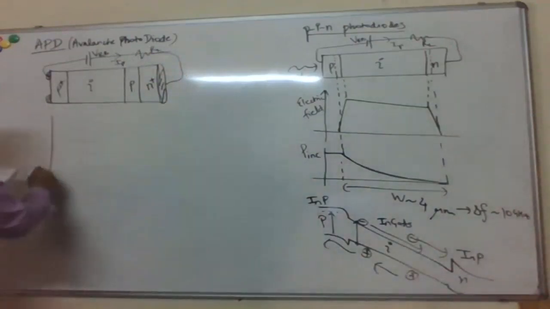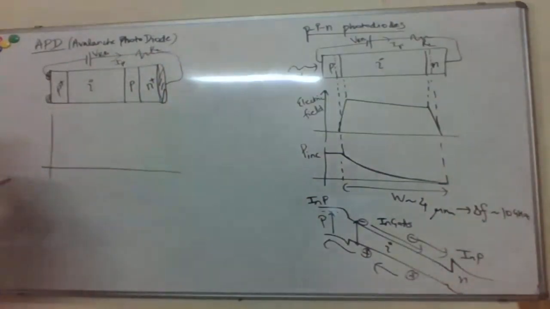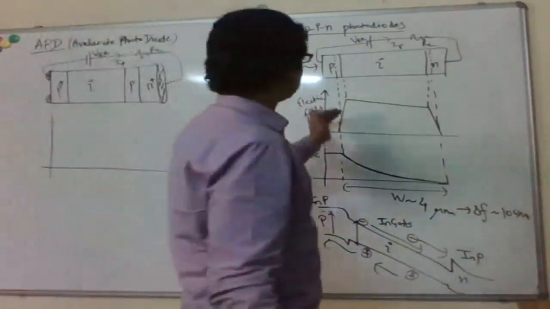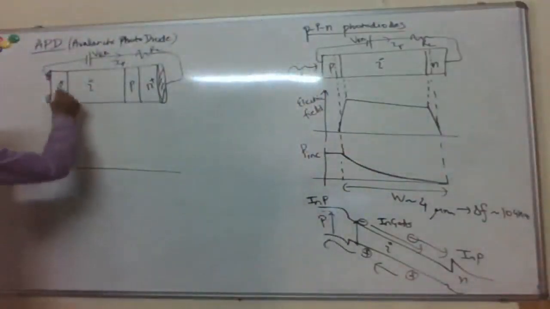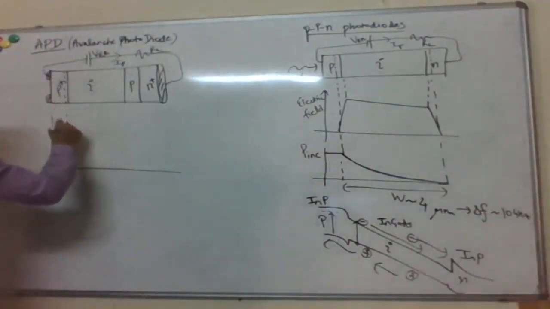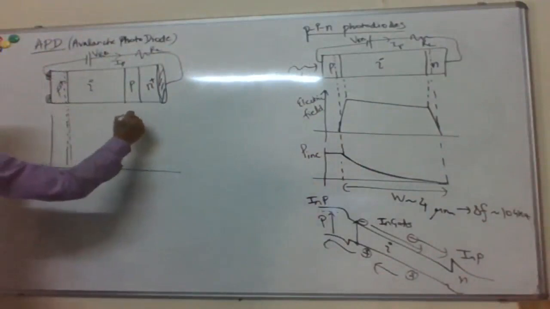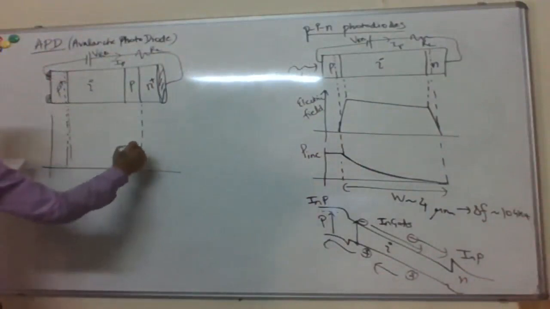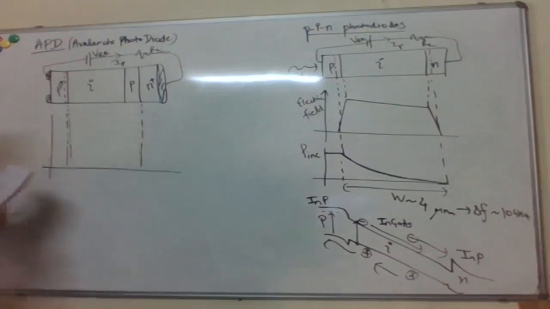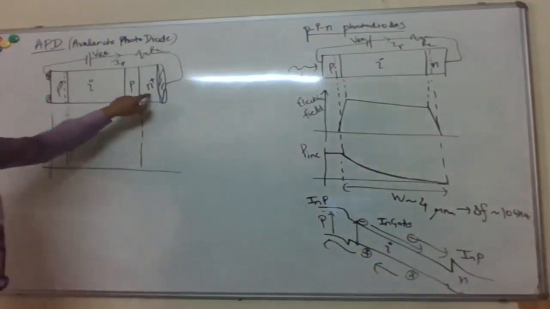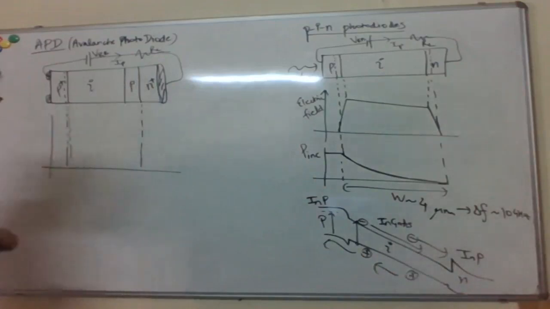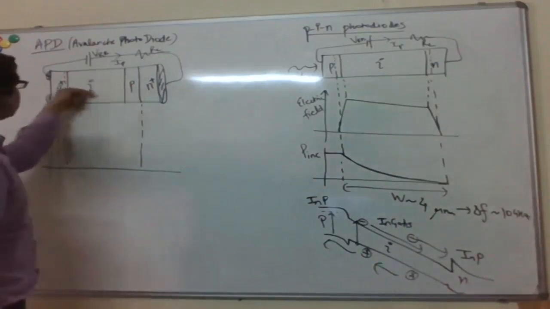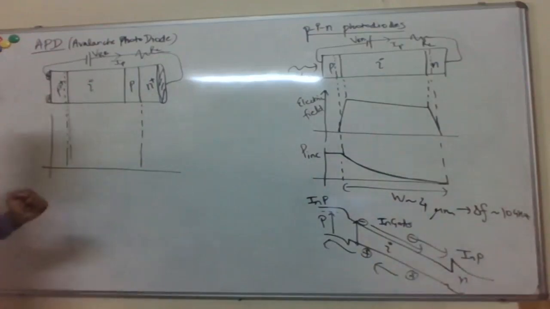Okay, so but now what has happened is, so if you look at the electric field, right? In this case, we have sort of a constant high electric field across the intrinsic region. But now, because of this additional P region here next to the N, this creates its own depletion region, right? This P-N, which adds on to the depletion region of this outer P-N junction.